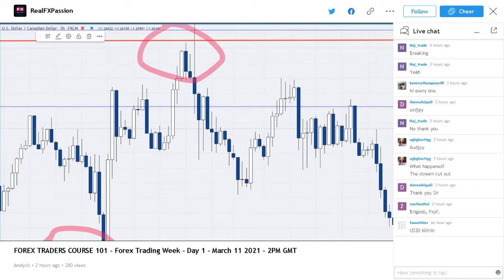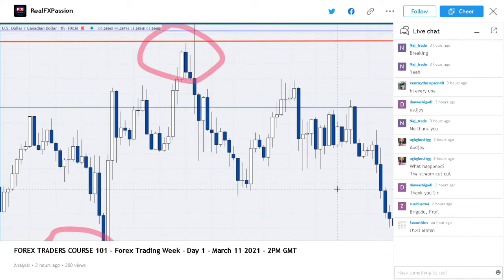If you have a strategy that is showing you consistent results, then you have an edge. And don't let anybody tell you, oh, you shouldn't really do this. There is no right or wrong. Right now you have traders buying USD CAD on the 1 hour chart, and you have traders shorting the market, selling USD CAD right now.